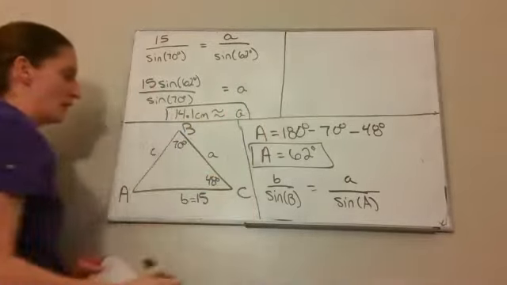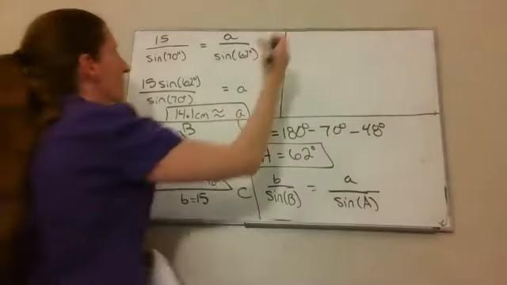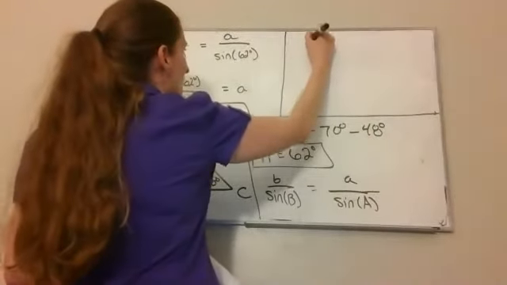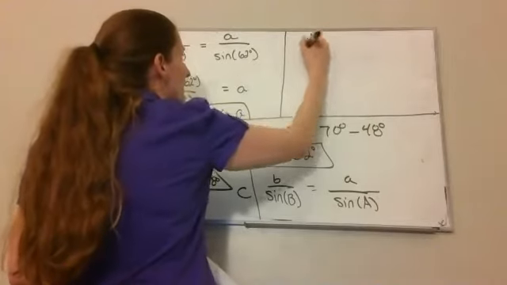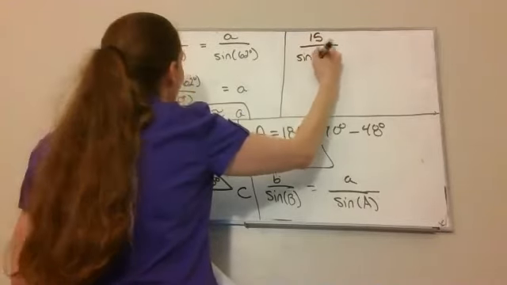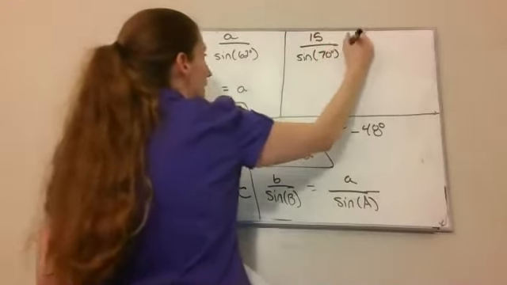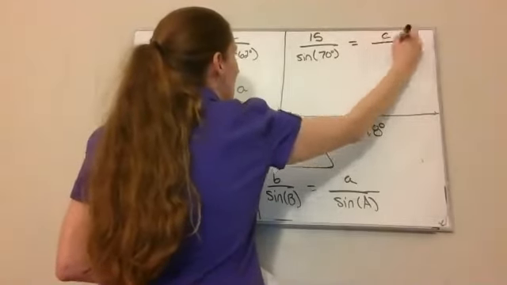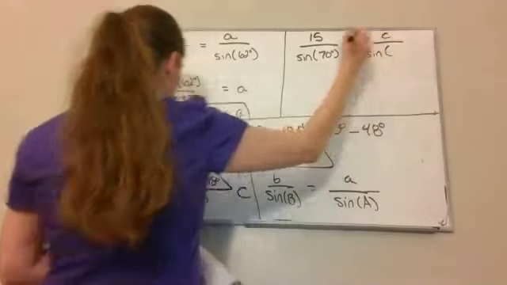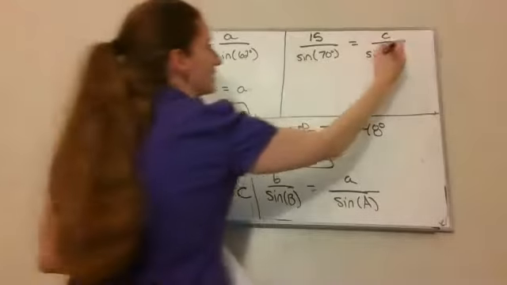Now I'm going to do the same thing to find side c. I know that b, 15, over sine of B, sine of 70 degrees, should be equal to c over sine of C, which is 48 degrees.